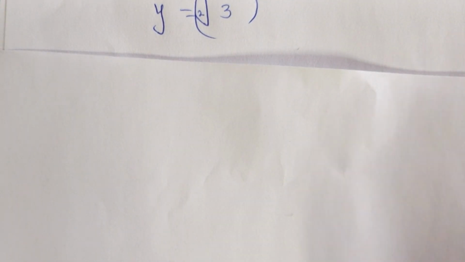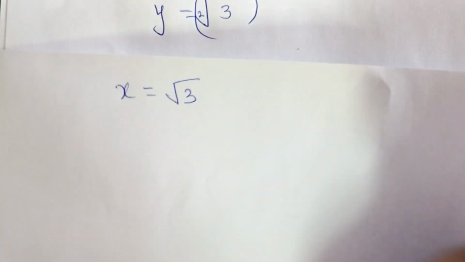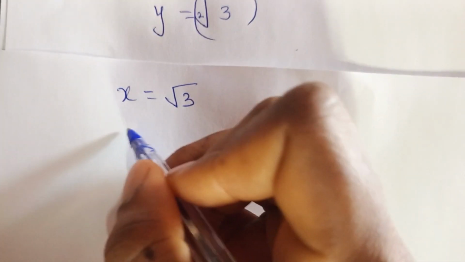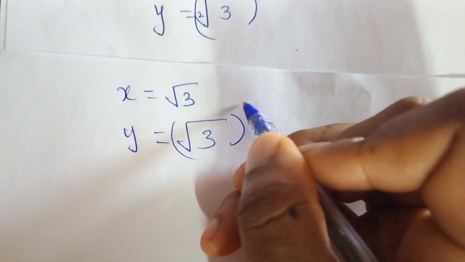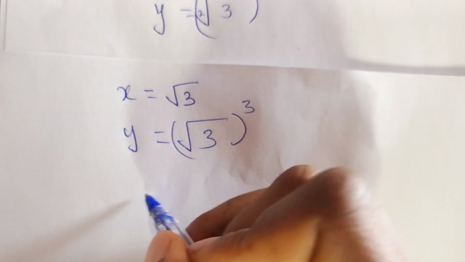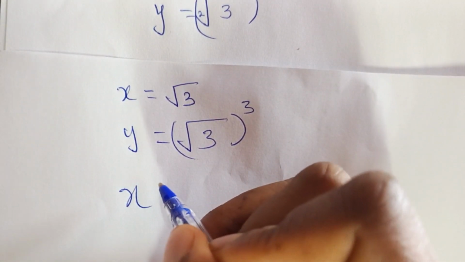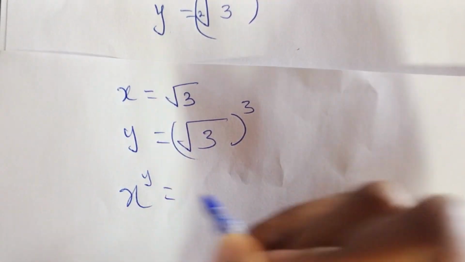Now, after finding the constants, let's check if the right hand side and the left hand side are going to be equal. So y equals the square root of 3 raised to the power of 3. Now let's substitute x and y into this equation.